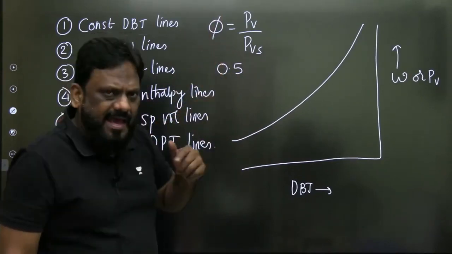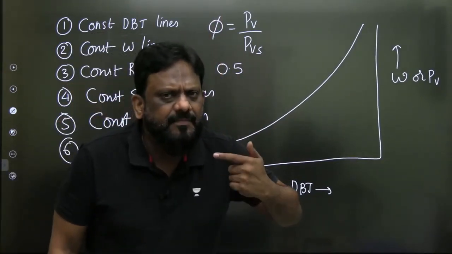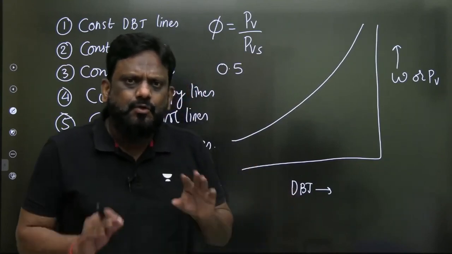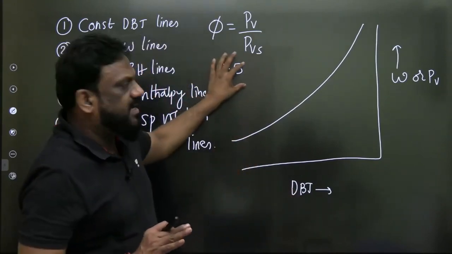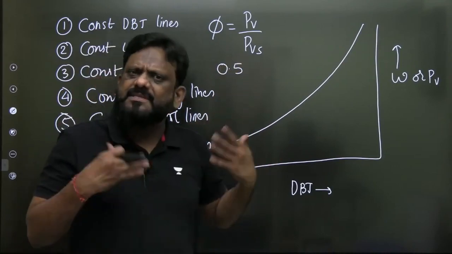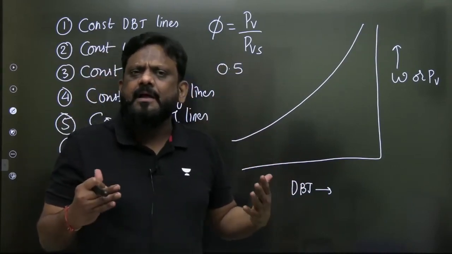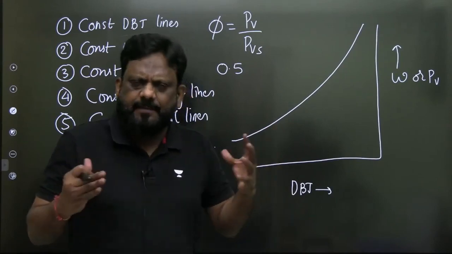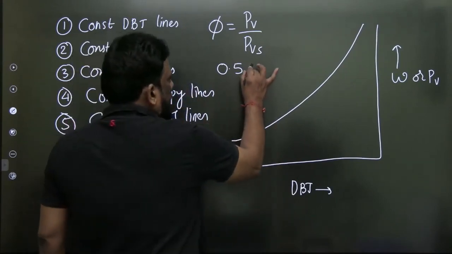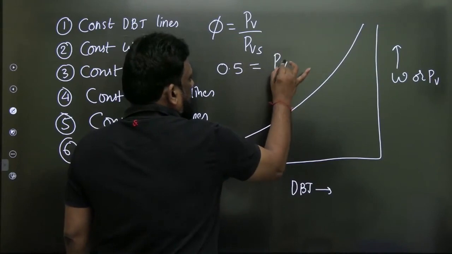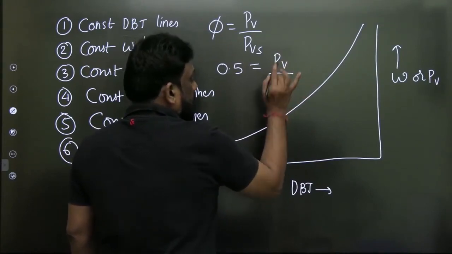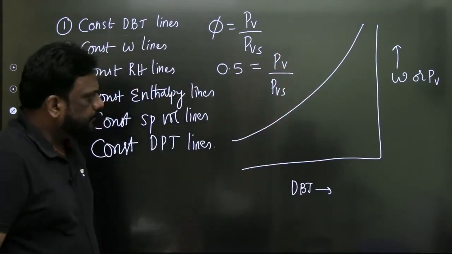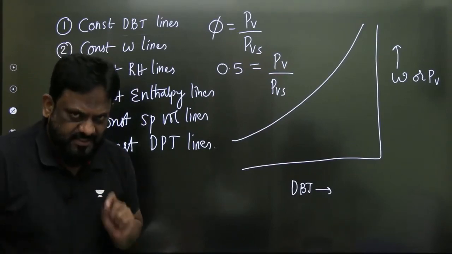So don't worry about why your teacher has taken 50%. It may be 60, 70, 80, 90. 90 का मतलब 0.9, 80 means 0.8, 70 means 0.7, anything, but keep it same. देखो, PV by PVS. I'll tell you very clearly. You know steam tables.